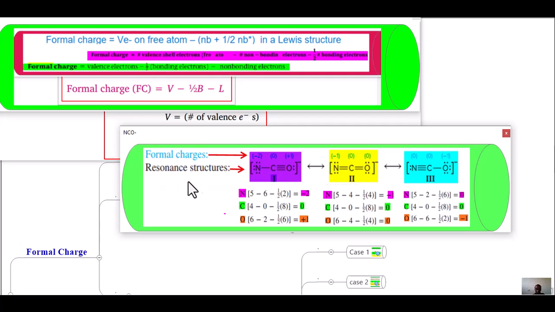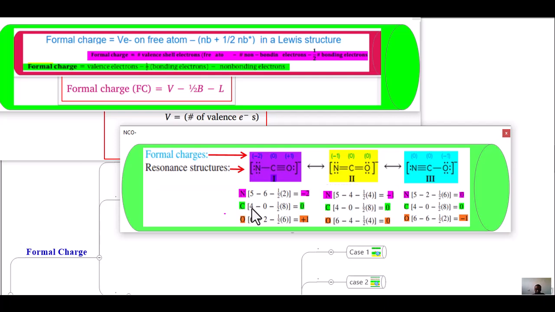So 5 is the valence electrons for nitrogen. So the formal charge for nitrogen is equal to 5 valence electrons minus the non-bonding electrons at the nitrogen. We have 6 non-bonding electrons, that is 3 pairs, minus half of the bonding electrons. We have 1 bond, that is 2 electrons. The answer will be -2. And the formal charge for carbon is equal to 4.